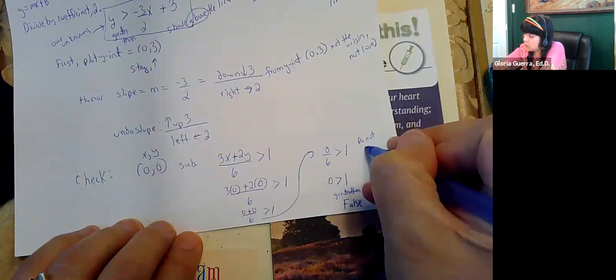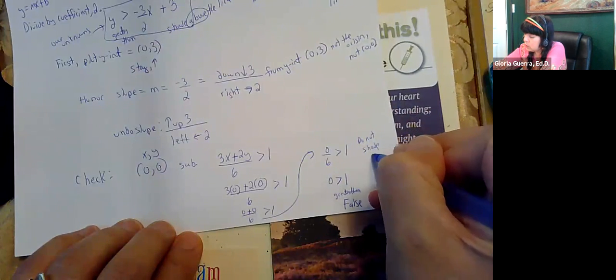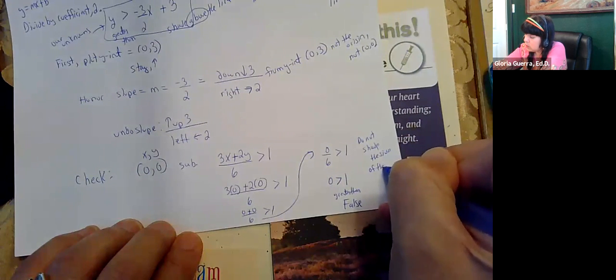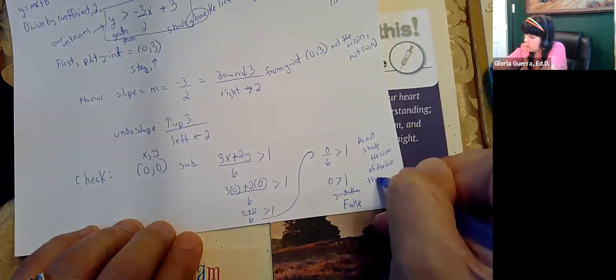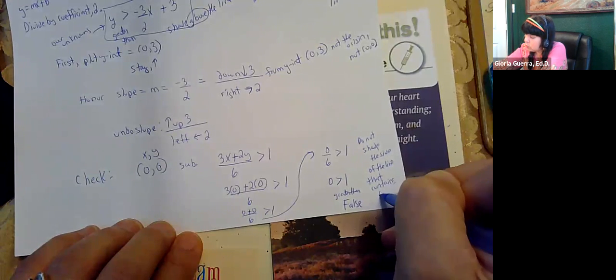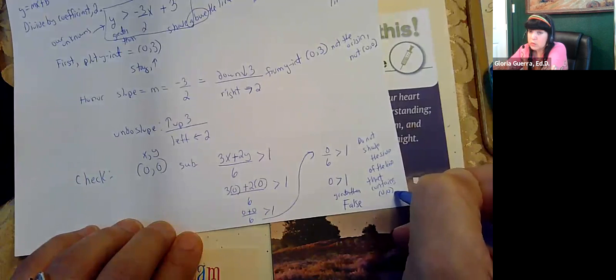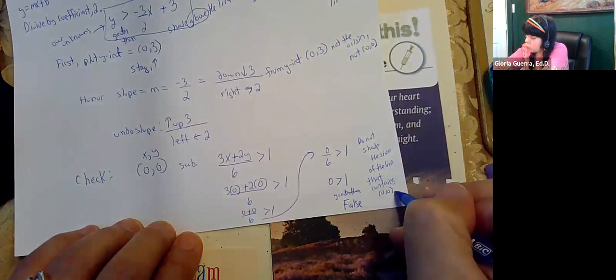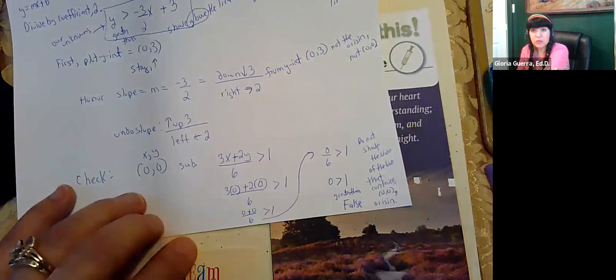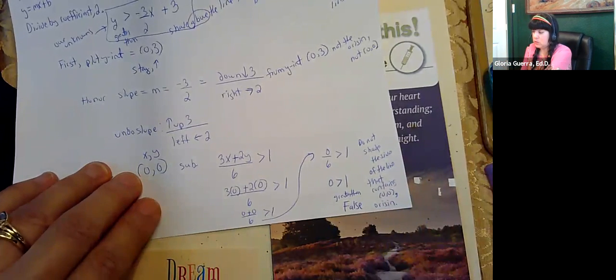Do not shade the side of the line that contains that origin, that 0, 0. And we didn't shade the side that contains 0, 0.